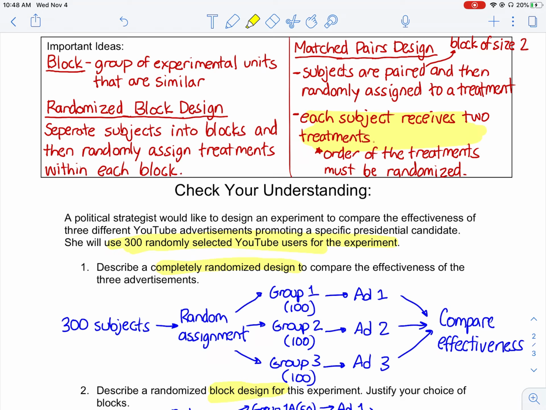I have mentioned that earlier. In this case, you have to think on your own about which block or group would benefit more depending on the situation. Here, I would group them by age group. So we have older people and we have younger people.